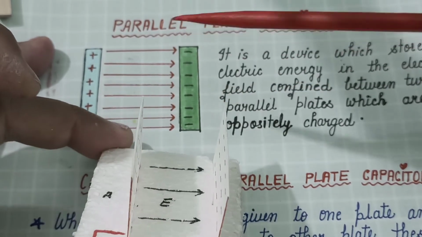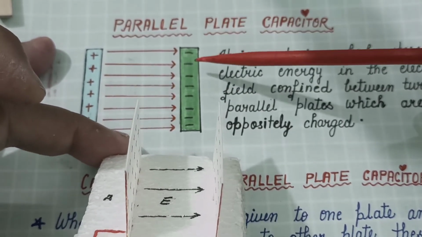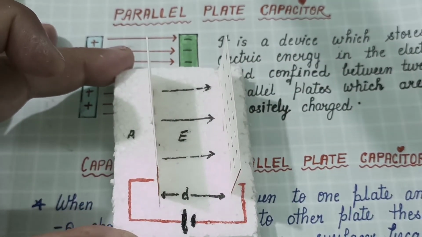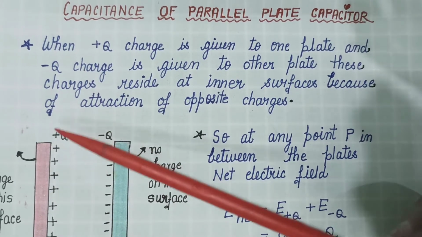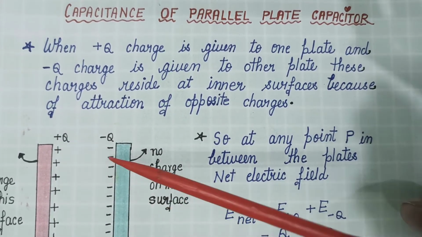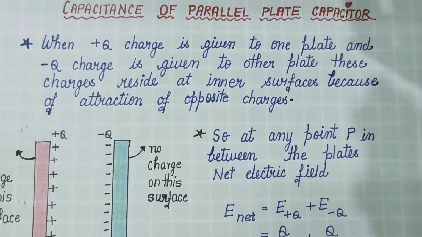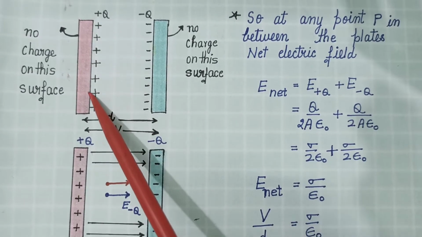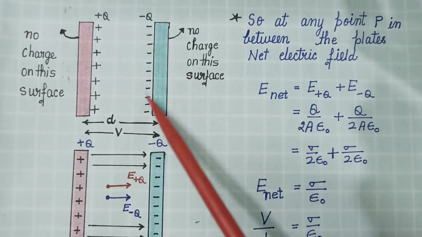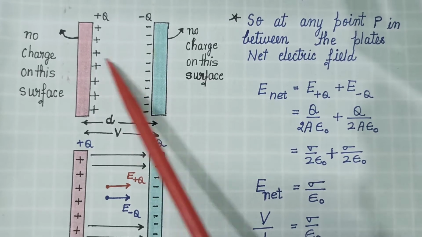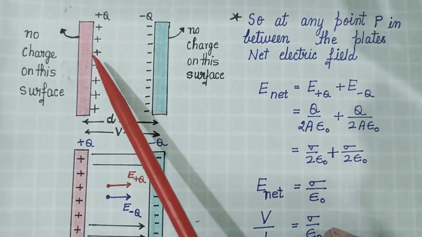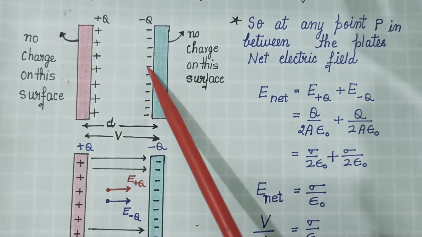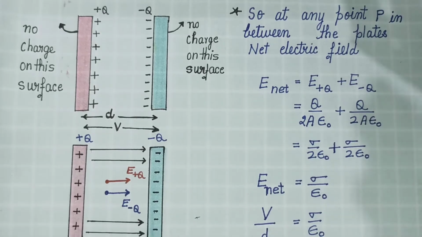So now let us start the very first important derivation, that is the capacitance formula for the parallel plate capacitor arrangement. First we should write this important fact that both the charges will reside at the inner surface of the parallel plate capacitor's plates. And now we start with the derivation. Since there is only one layer of charge here and one layer of charge here, the electric field at any point in between the plates is due to one layer of positive charge, away from the positive charge, and one layer of negative charge, towards the negative charge.